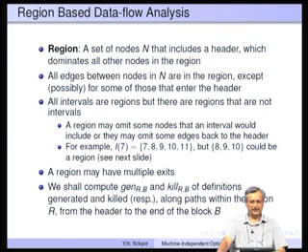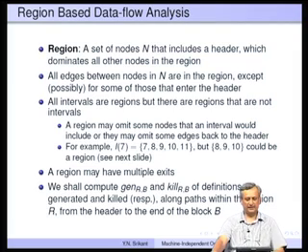The basic idea in region based analysis is to compute gen and kill for basic blocks in a certain region, gen r comma b and kill r comma b. In this, we consider the definitions generated and killed along paths within the region or from the header of the region to the basic block B.